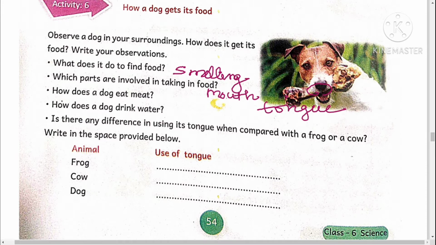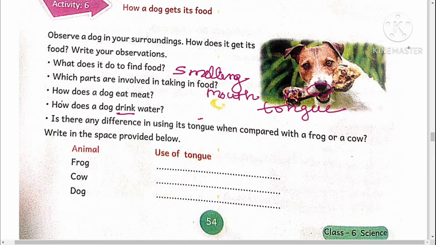So the dog catches other animals with its legs and it tears the meat using its sharp teeth. It eats the meat and chews it with the help of teeth and uses its tongue to swallow it. And how does a dog drink water? The dog licks the water with its tongue and drinks it.